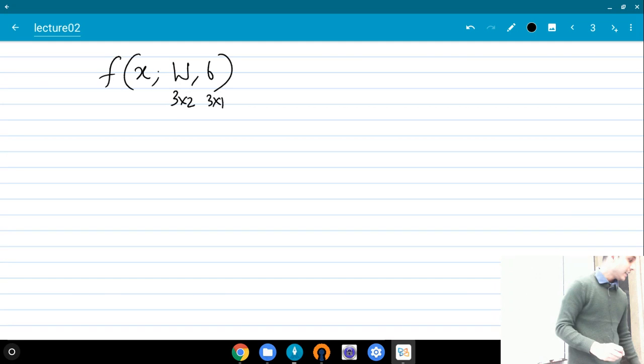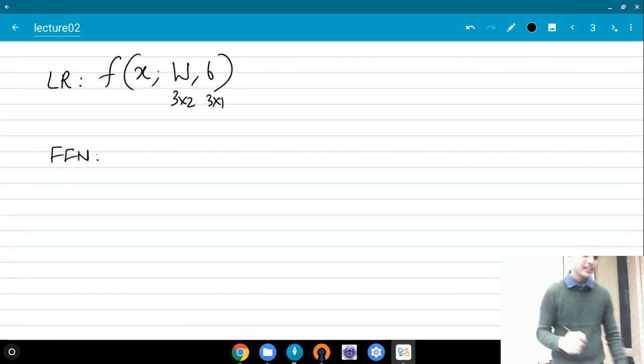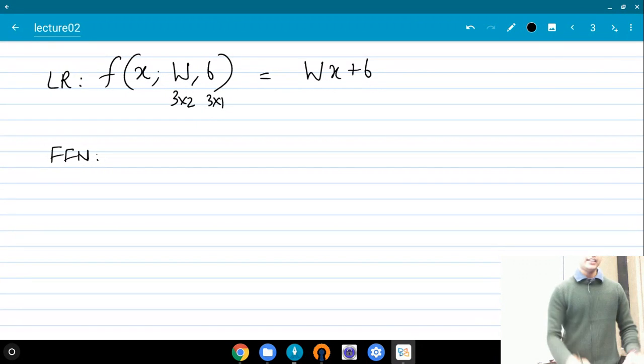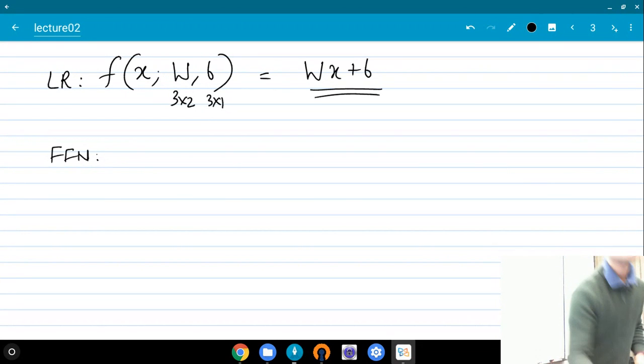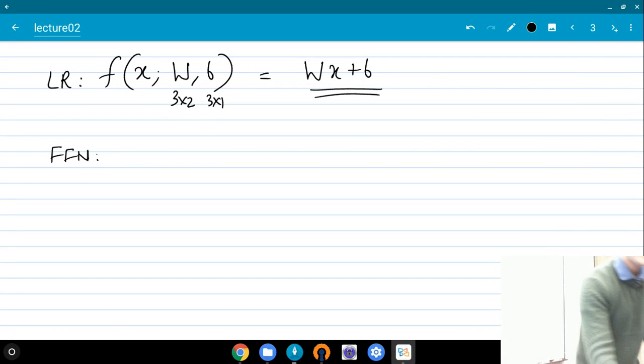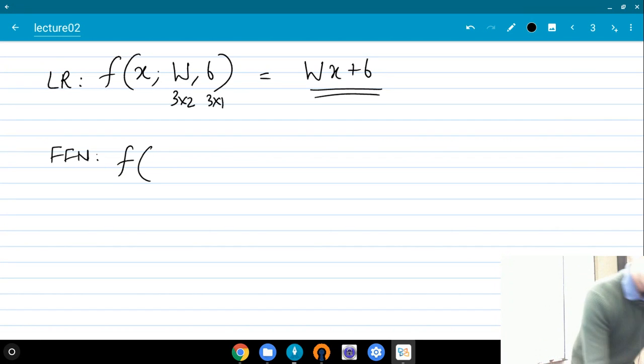This was logistic regression, just W times X plus B. What is this function doing? It's just outputting those scores, the si's. Just think of what is getting output as a score, and this is the function. What we're going to do is change that function, only change the function, and keep the loss function the same. It's the cross entropy loss as before, and we change the function.